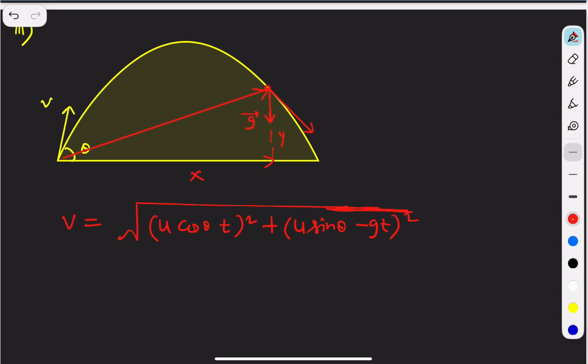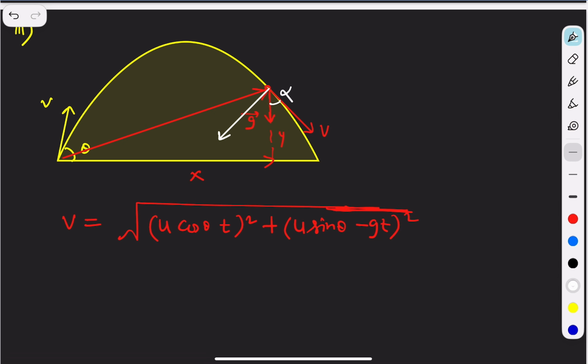Now guys, let's say the angle that the velocity and g are making is alpha. I am calling this angle alpha. So of course, the perpendicular component here will be 90 minus alpha.